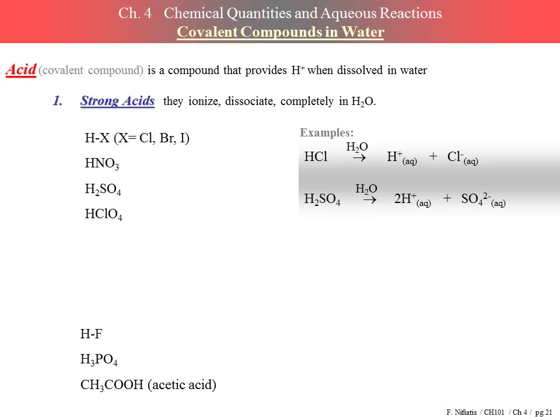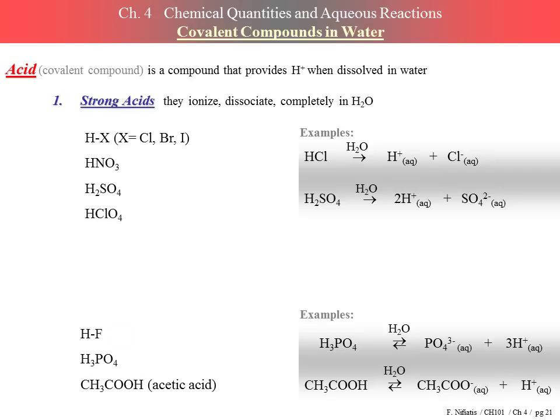And then we have these acids that you have to memorize. This is the acetic acid, this is the phosphoric acid, this is the hydrofluoric acid, where they ionize partially. What does it mean they ionize partially? If you start with 1 mole of phosphoric acid, you are not going to get 3 moles of protons.